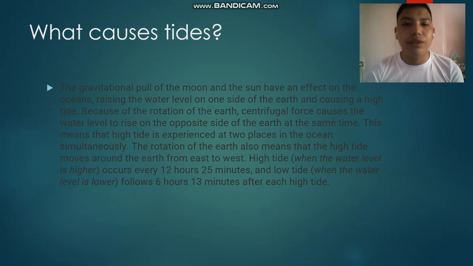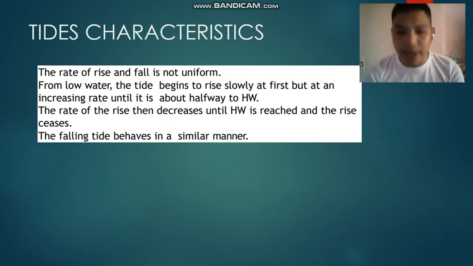The rotation of the earth also means that the high tide moves around the earth from east to west. High tide, when the water level is higher, occurs every 12 hours and 25 minutes, and low tide, when the water level is lower, follows 6 hours and 13 minutes after each high tide. Tide characteristics: the rate of rise and fall is not uniform.